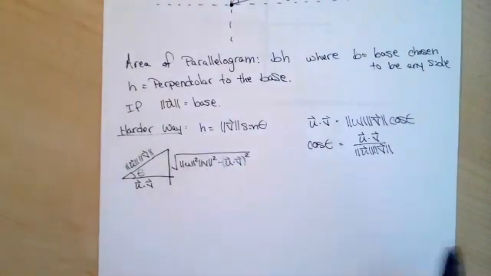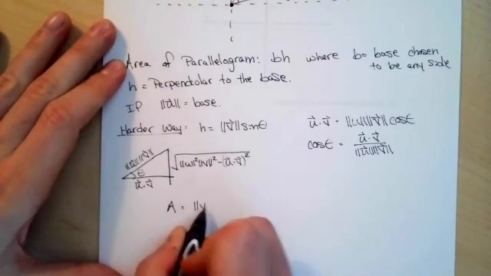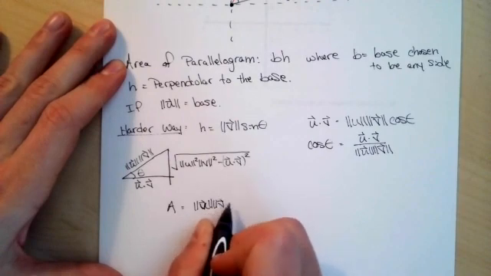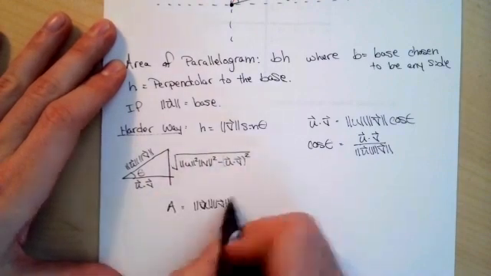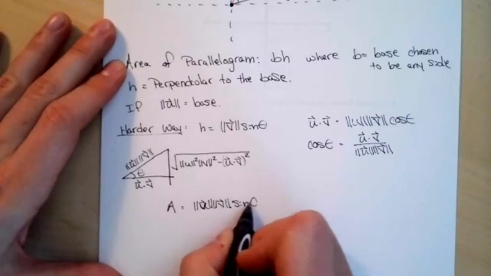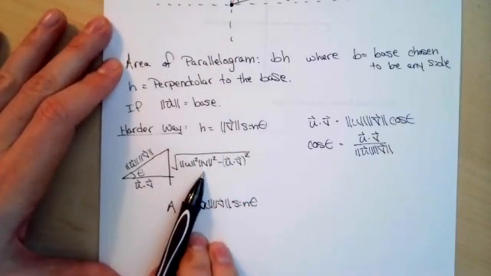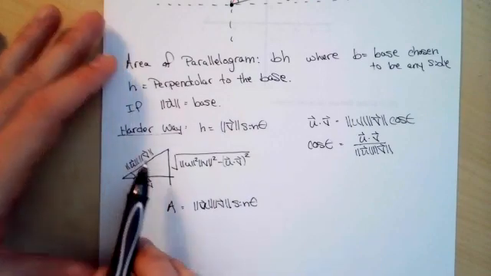And so we can compute now that our area is going to be norm of u, norm of v, sine theta, which I'm just going to write as the side opposite, this term, divided by the hypotenuse.